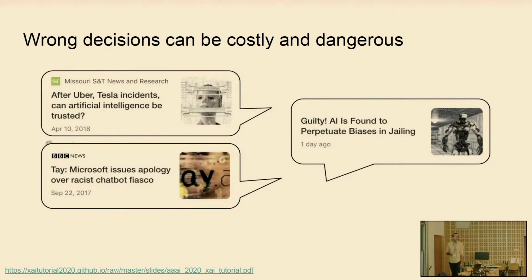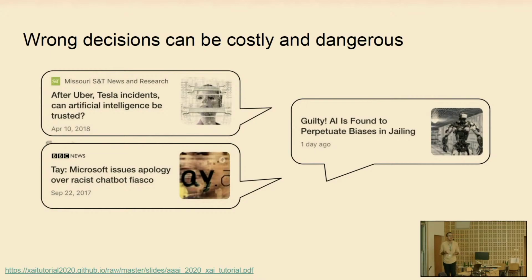What will happen if we won't do it? Well, a lot of current problems of deep networks, of deep learning, are caused by the fact that we did not know what was the cause of prediction. So here you have three articles from different journals, which talked about problems with deep learning.